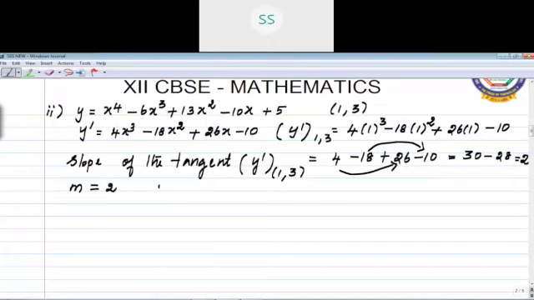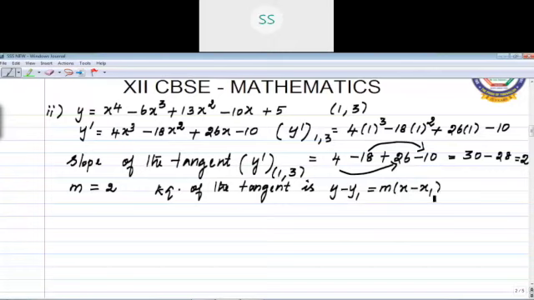Now, equation of the tangent. Equation of the tangent equal to what I told you, the formula. Anyone? Yeah, very good. Y minus y1 equal to m into x minus x1.